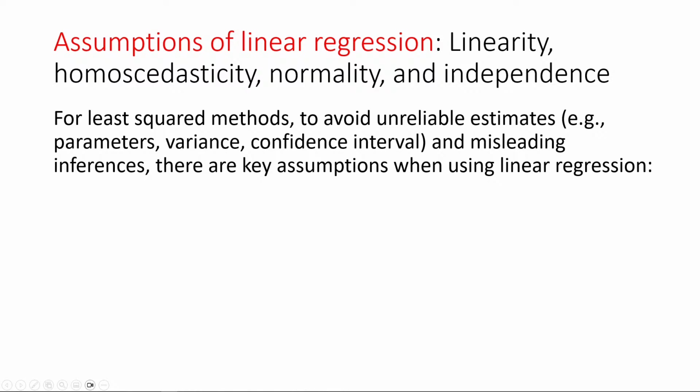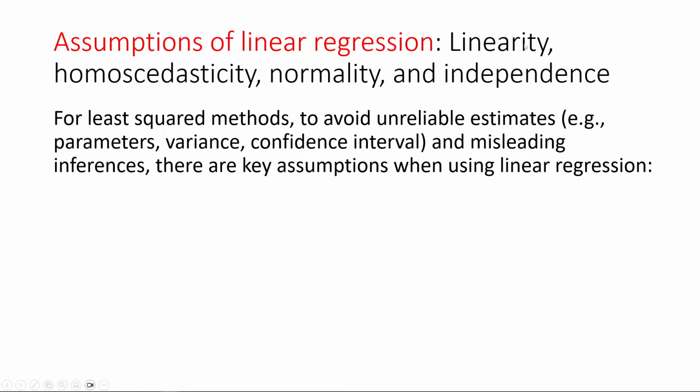Okay, so now let's do one more topic, which I will go over very quickly. For your linear regression model to be valid and to give you meaningful results, it has some assumptions that need to be satisfied.